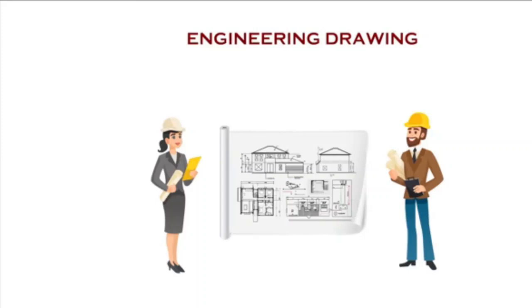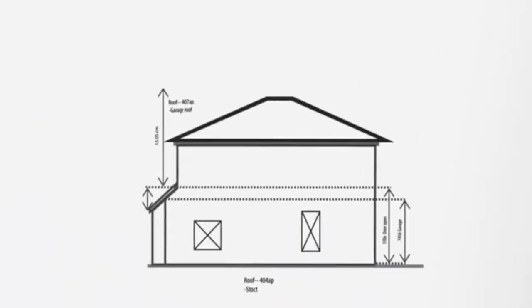For example, if we have to make an engineering drawing of an aeroplane, we first have to get its dimensions and draw it over the drawing sheet before preparing the actual model. This is nothing but engineering drawing.